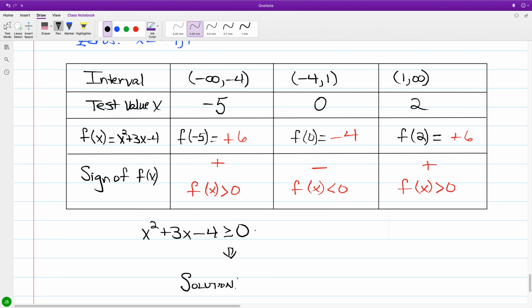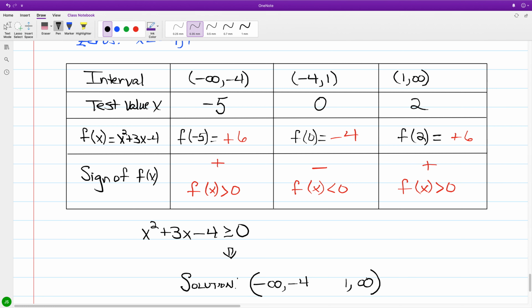For where the polynomial is greater than 0, we have values going from negative infinity approaching negative 4, and values between 1 and infinity. Infinities are boundless, so those values remain in parentheses.